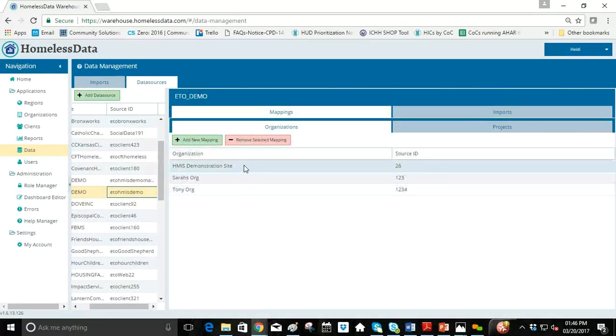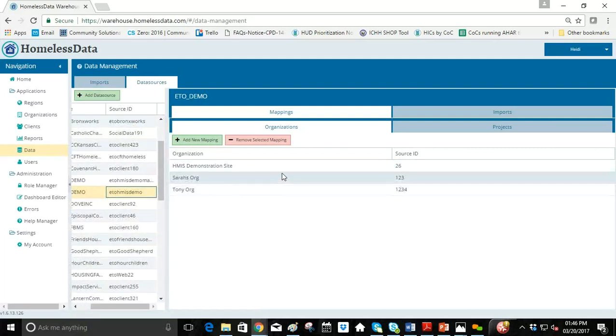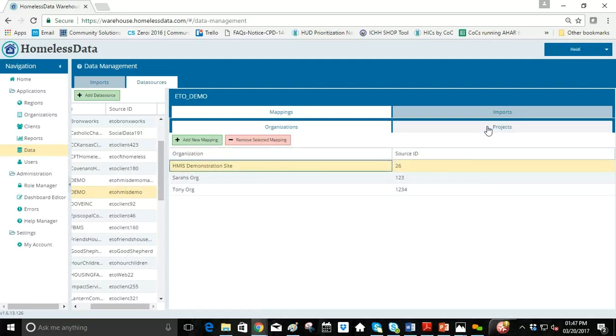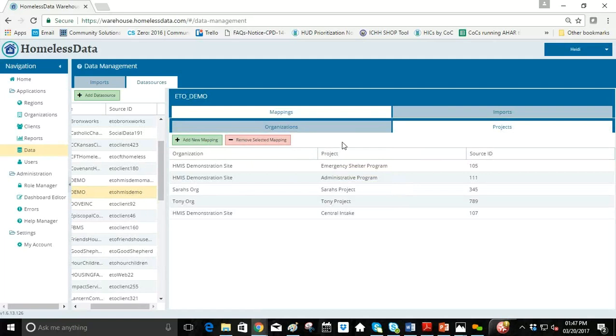So we have, this is a demonstration data source. These are the organizations that are in that data source, and then there are also various projects in that data source. Data source right now is typically HMIS systems, but it could be other data as well. As long as it's structured data and we can work with it, it could come into the system.